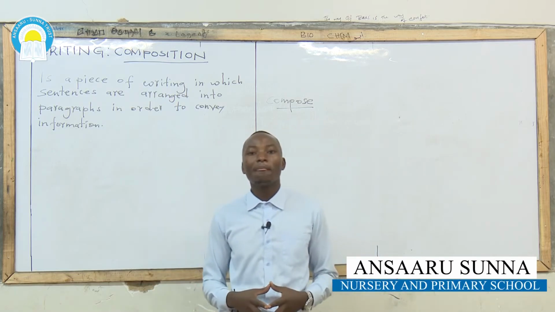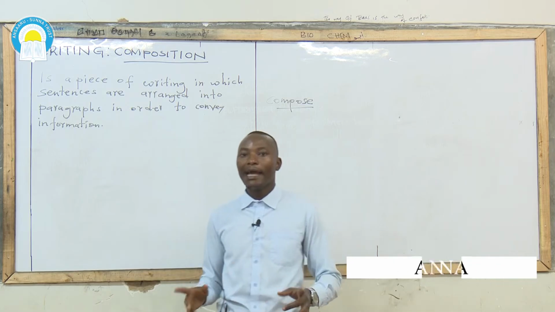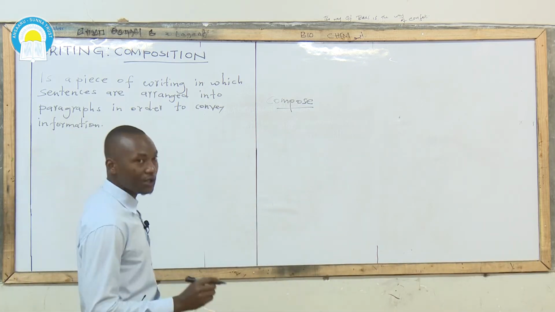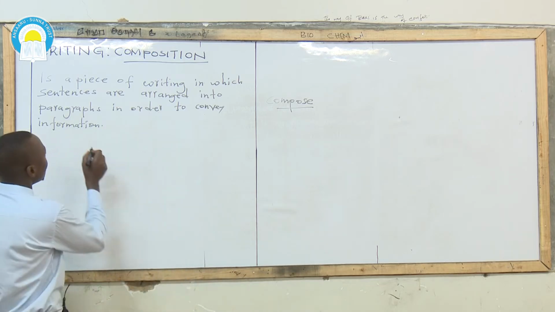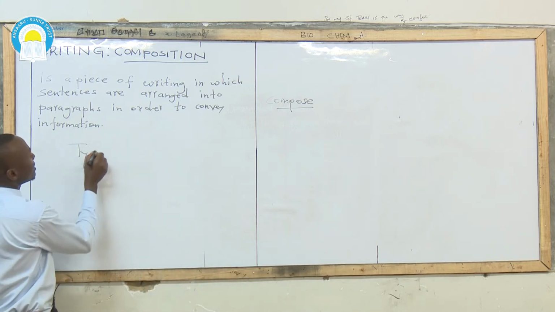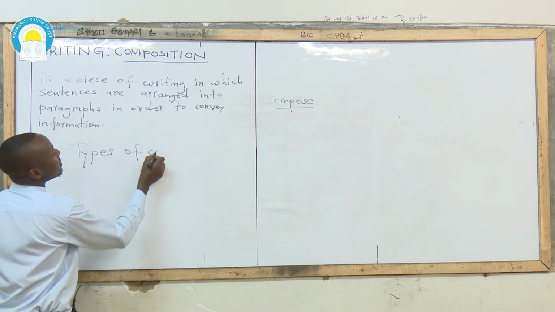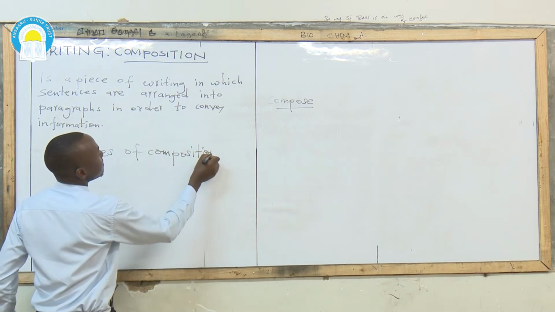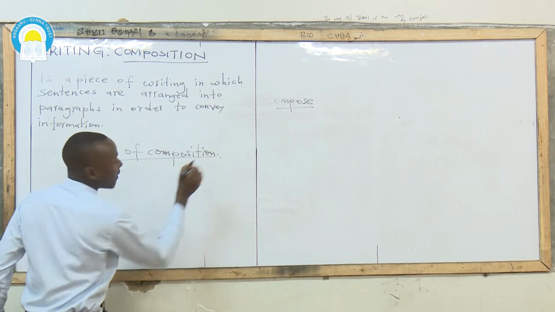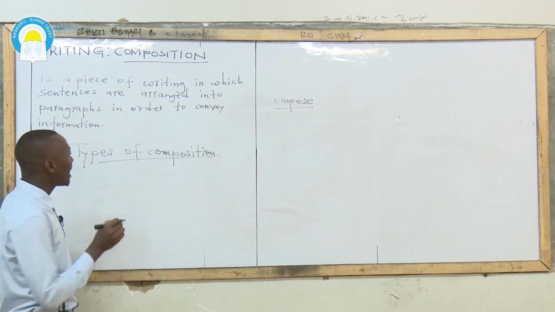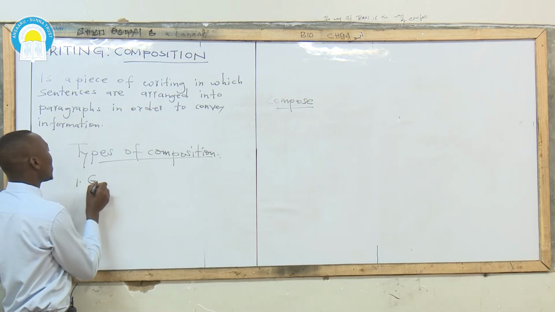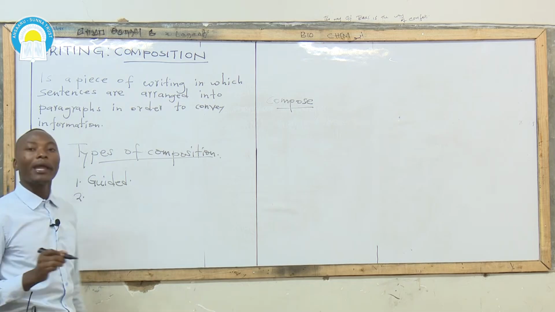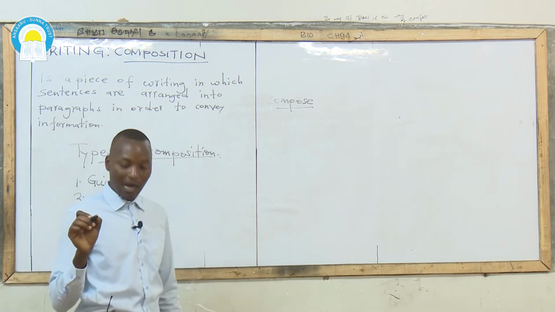Number one, we have guided composition. Number two, we have descriptive composition.